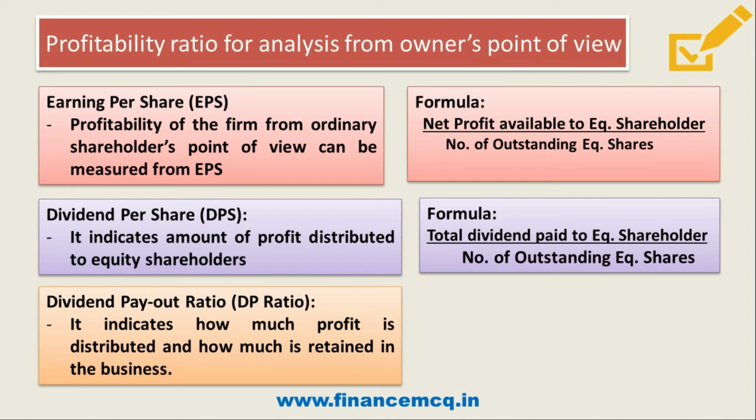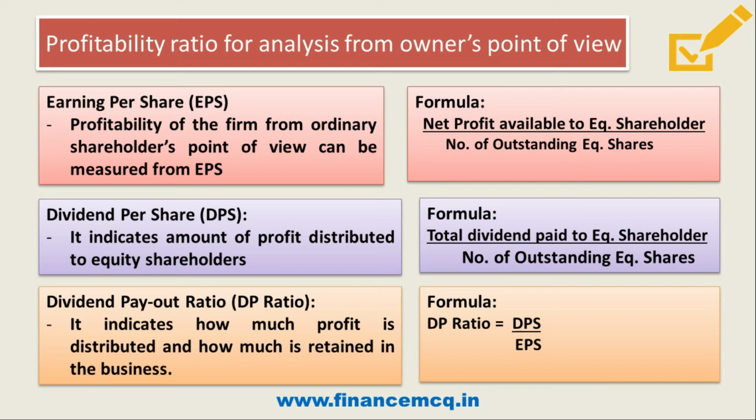Now friends, this net profit available to equity shareholders, how much is distributed to shareholders and how much is retained in the business, this DP ratio helps us to find out that. And how is it calculated? It is calculated as dividend per share upon earning per share. So by this formula we will calculate DP ratio. So I hope this profitability ratio for analysis from owner's point of view is clear to all of you.